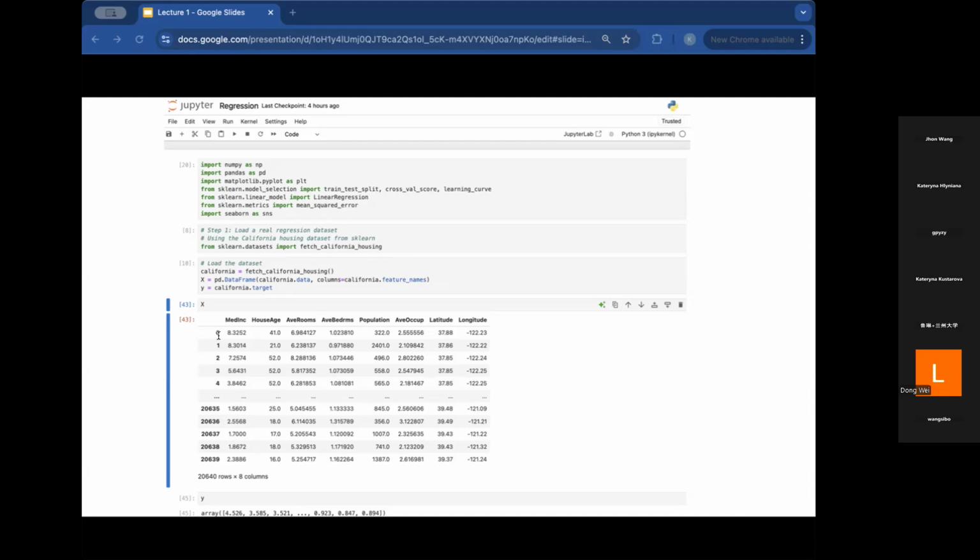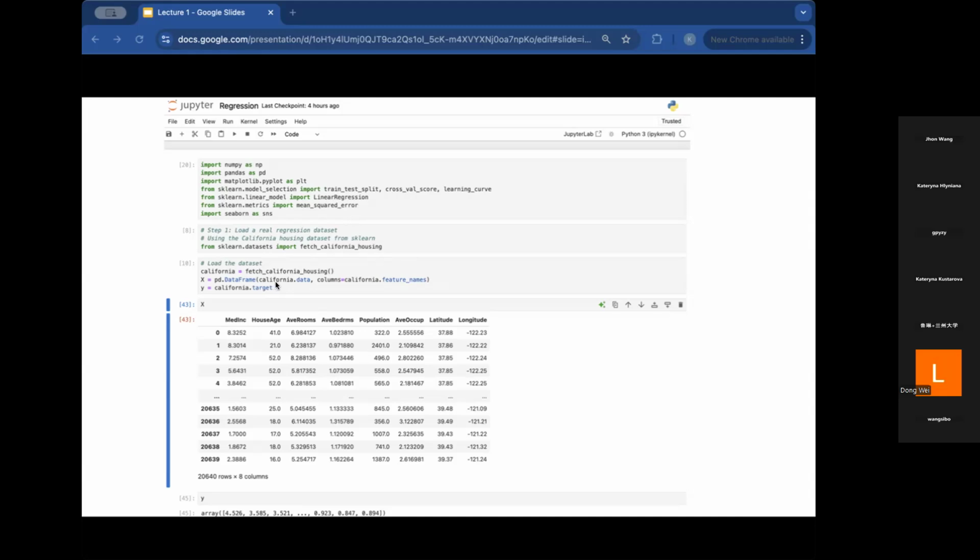Matplotlib is a plotting library for Python, which helps us visualize data by creating plots, charts, graphs, in order to understand the data better. Seaborn is built on top of Matplotlib and makes it easier to create attractive statistical visualizations.